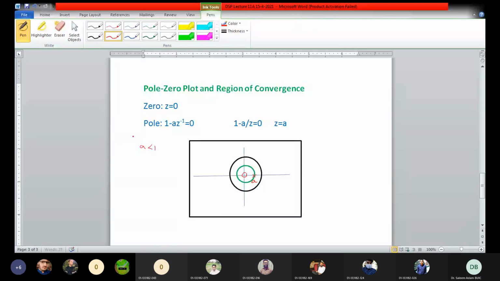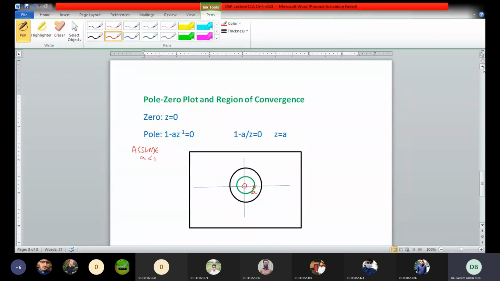Since A is less than 1, that's why it is coming inside the unit circle. And |Z| is greater than A. So you know that your |Z| is greater than A. What does it mean? Your ROC will be like this.